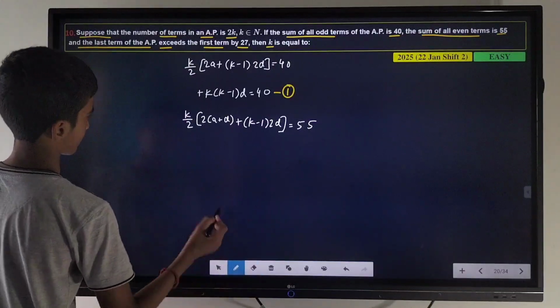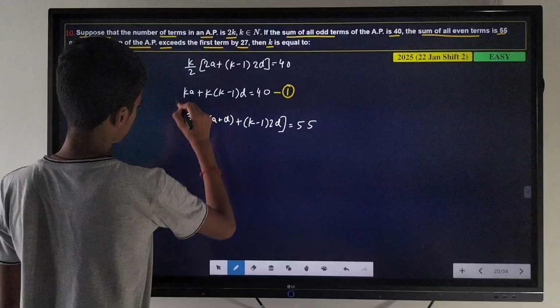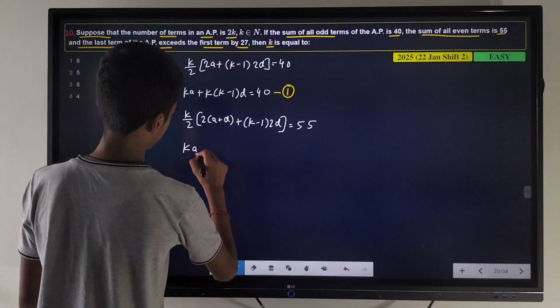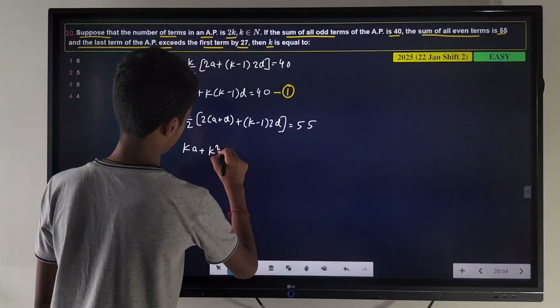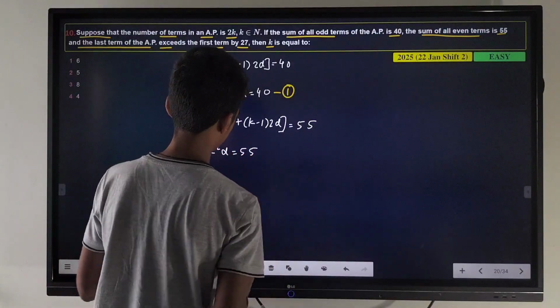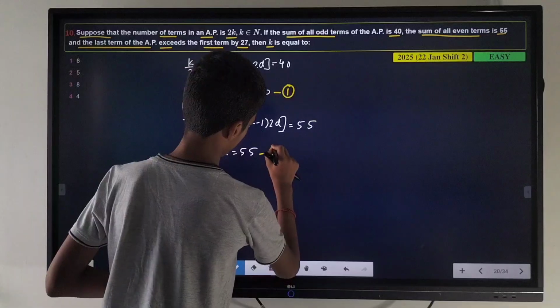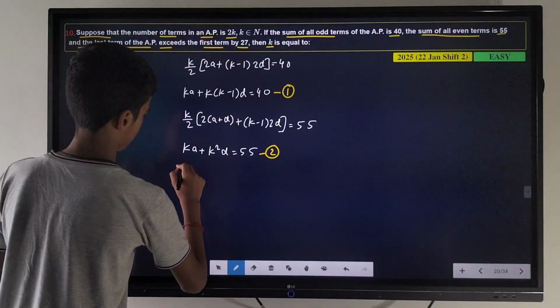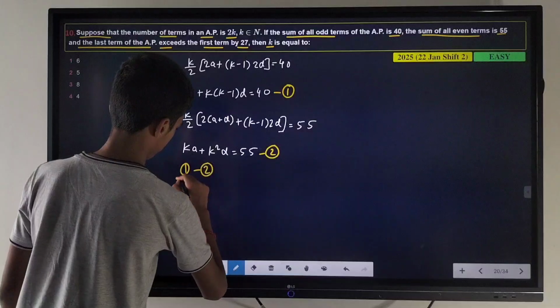This is ka. This will be ka plus k square d is equal to 55. This is equation number 2. We will subtract equation number 2 from equation number 1.